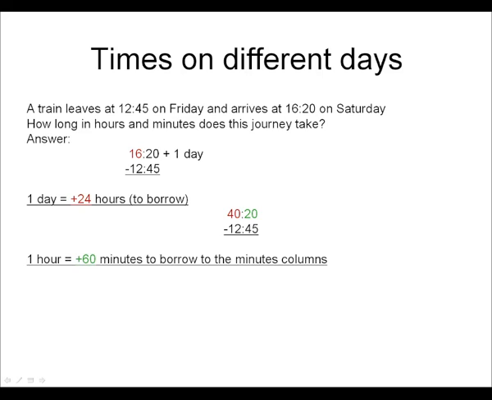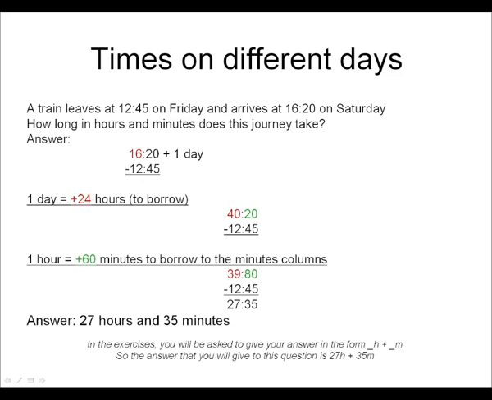Remember that an hour is 60 minutes, so the 60 minutes added to the 20 minutes gives us 80 minutes. So 40 hours and 20 minutes becomes 39 hours and 80 minutes. Again, you're subtracting 12:45 from that, and your answer is 27 hours and 35 minutes. Finally, in the exercise, you're going to give the answer in the form 27h plus 35m.